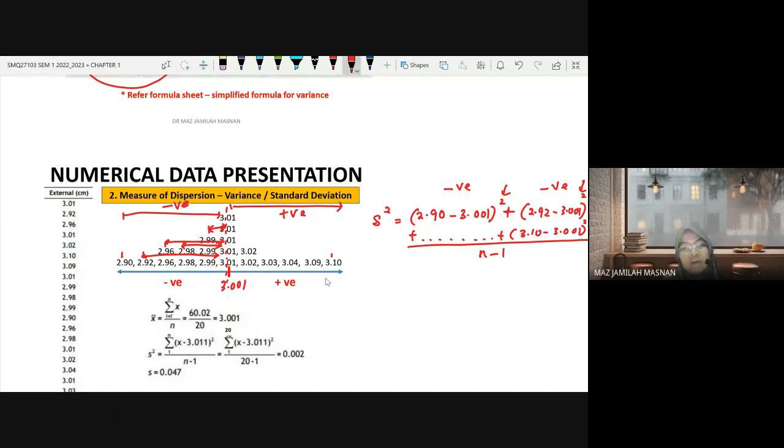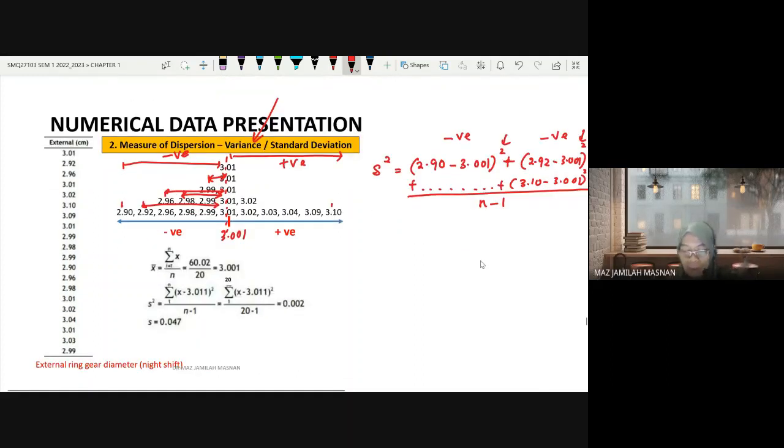In fact, from previous up until now, variance is the most used measure of dispersion for data. So variance is very important. If you are talking about dispersion, sometimes people will ask you, what is the variance for your data? What is the standard deviation for your data? Let's say s squared is 0.002, then this is the variance.